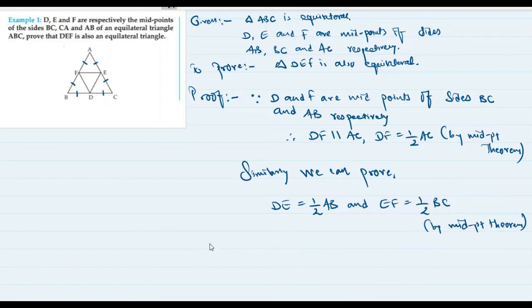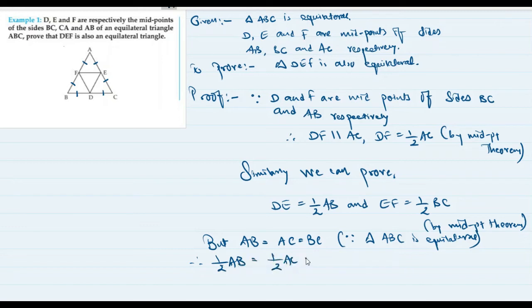Okay. But AB is equal to AC is equal to BC, since triangle ABC is equilateral. Therefore, half of AB is equal to half of AC is equal to half of BC.